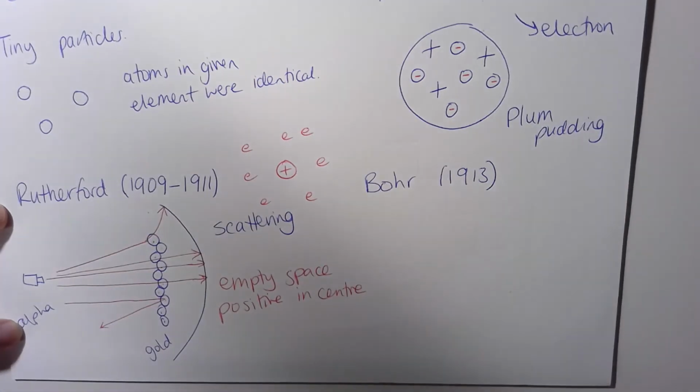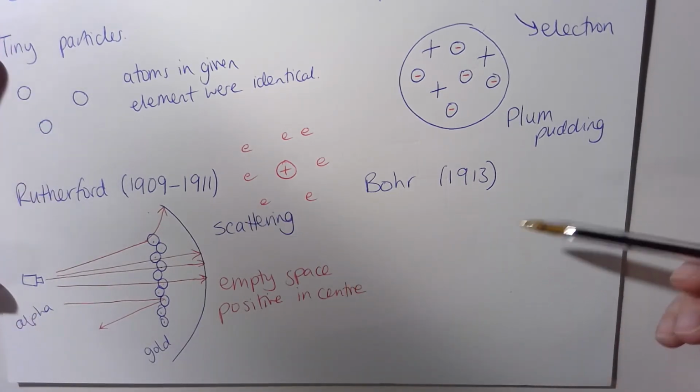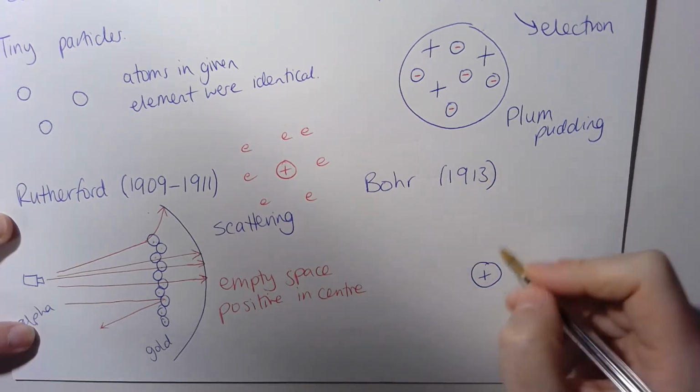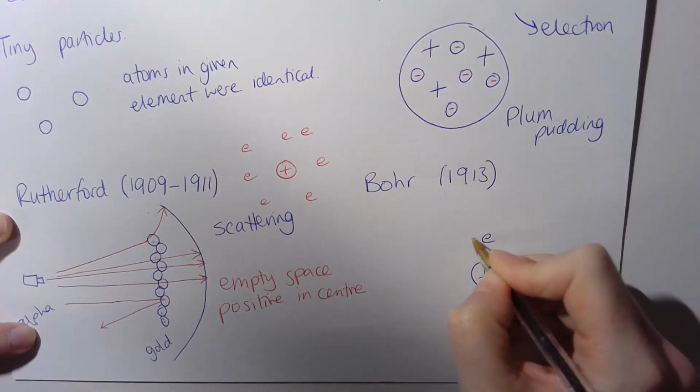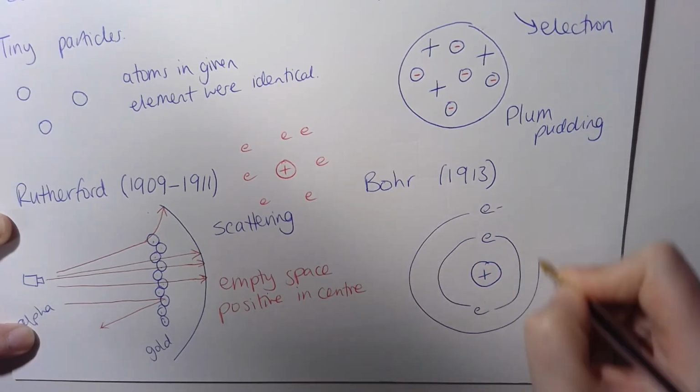Bohr, who worked with Rutherford, then came up with a slightly different model. His discoveries led to electrons being in shells or energy levels.